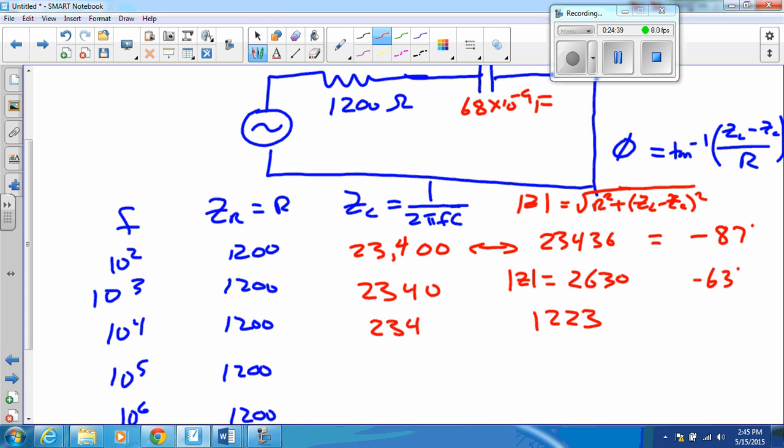And when I compute the phase angle, I get a mere negative 11 degrees. Compare that to the phase angle of just a pure resistor, which is 0 degrees, and you can see we're a lot closer to the resistor. So what's happened here is we have transitioned from a circuit where the capacitor has dominated to a circuit where the resistor has dominated.